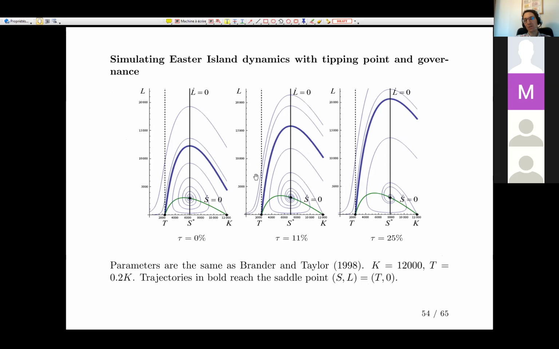This would have been the curve describing for which values of L and S the resource stock is increasing, and for which values of L and S it's decreasing, and you would have that it's always increasing. So there would be an arrow. I don't know if I can draw an arrow. Yes, I can draw an arrow.